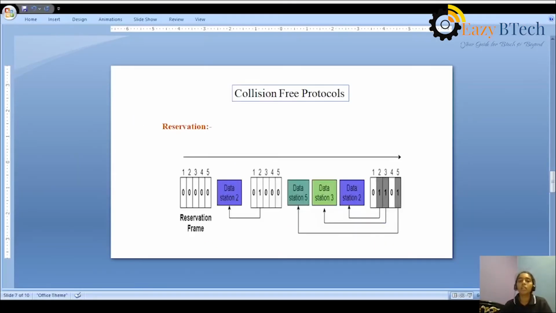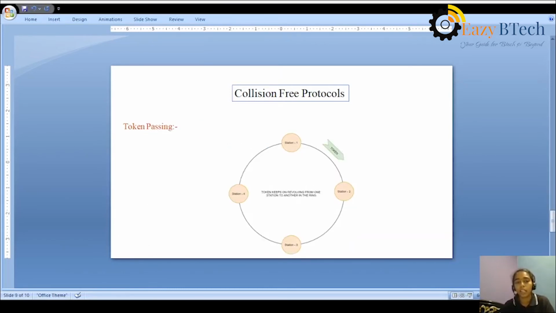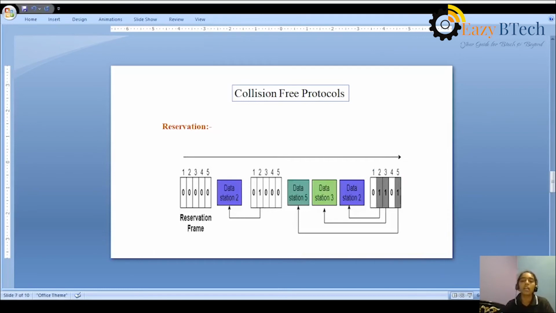These are the control access protocols: reservation, polling and token passing. We have to control the channel access, so these are the different types of control access protocols to control the channel access.